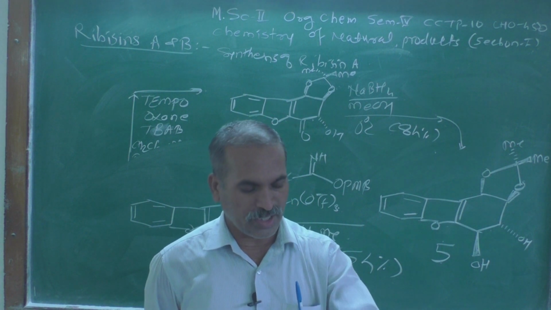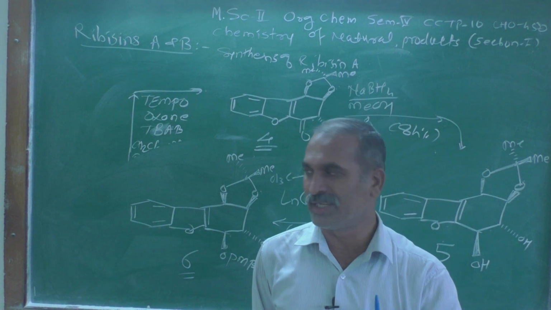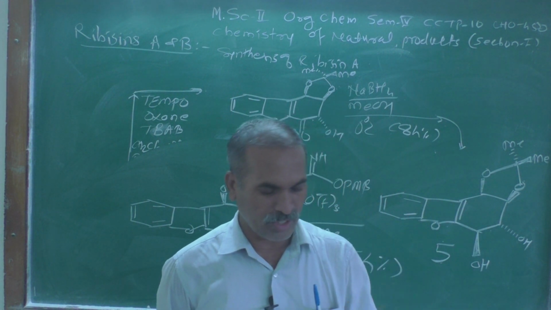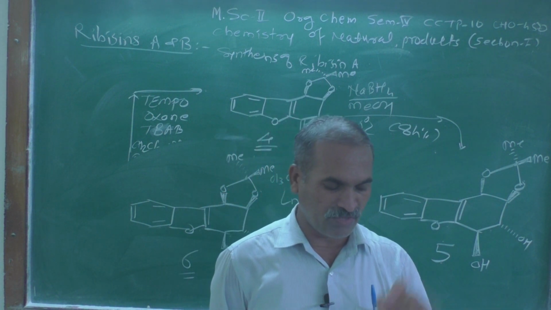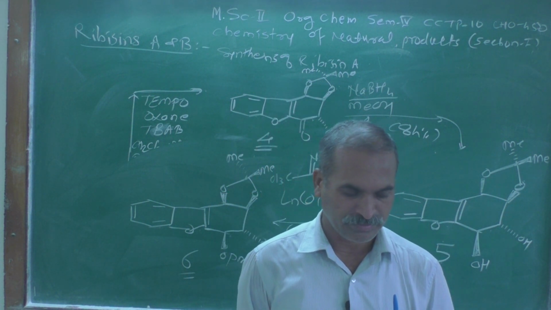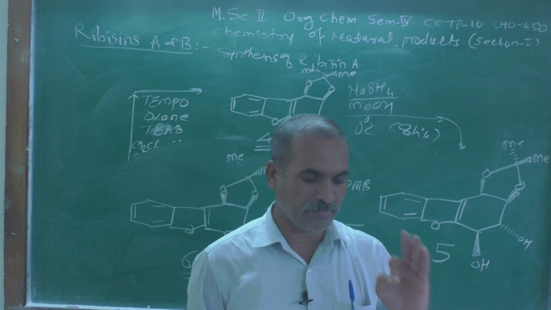Again, high yielding product, that carbonyl group suitably get reduced with the sodium borohydride, which is a mild reducing reagent, will selectively reduce, and we will get stereochemically the desired product.